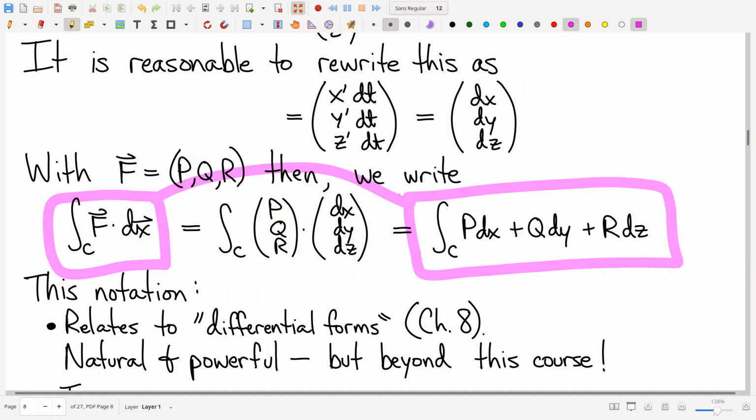Now, why would we be interested in this notational alternative? Let me start with the negative side of the ledger. This is more clunky to write down. It's more cryptic, right? If you look at our original notation over here, F is the force or the fluid flow. It's something physically natural. Dx is my displacement. It's something that's physically natural.